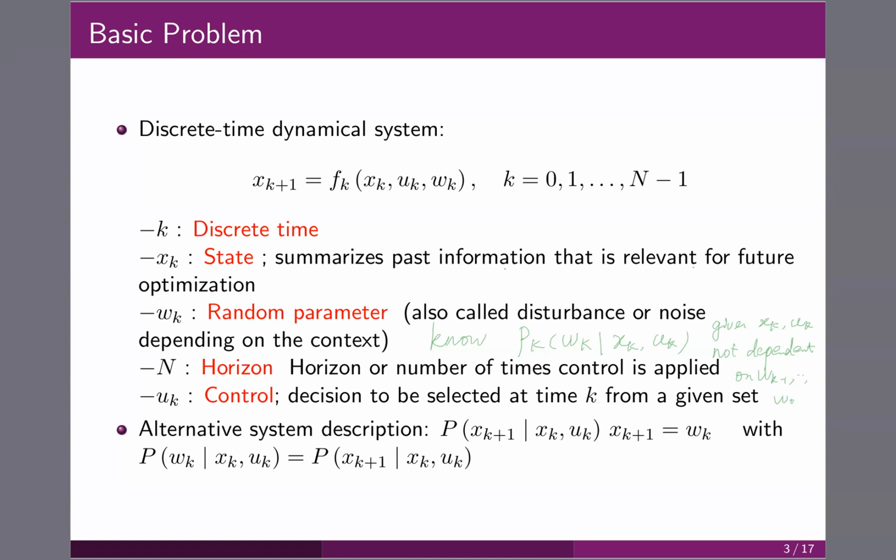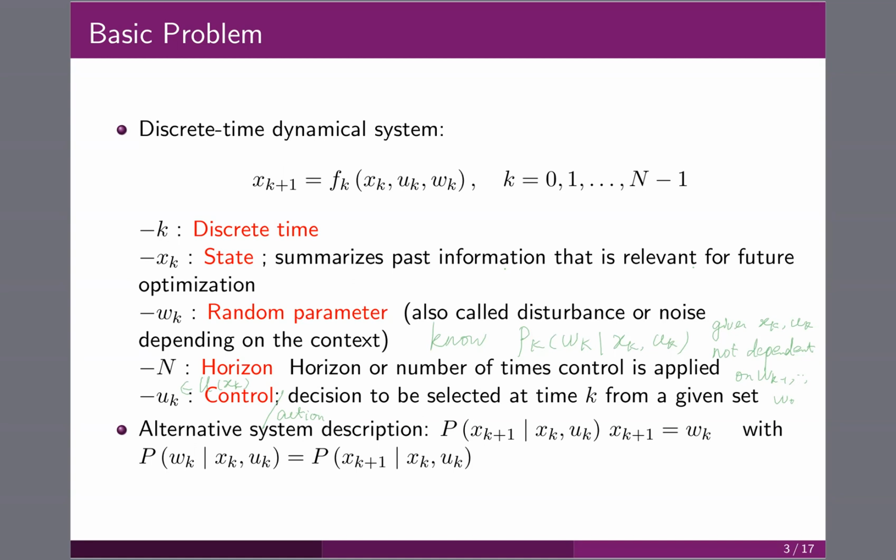Next, I will introduce the parameter u_k. We call u_k the control or action. It is a decision to be selected at time k from a given set, so u_k belongs to a set U(x_k). This given set may not be fixed; it may depend on x_k.